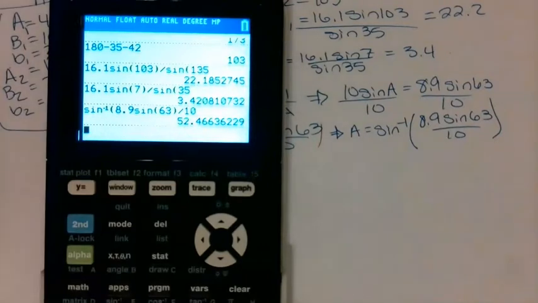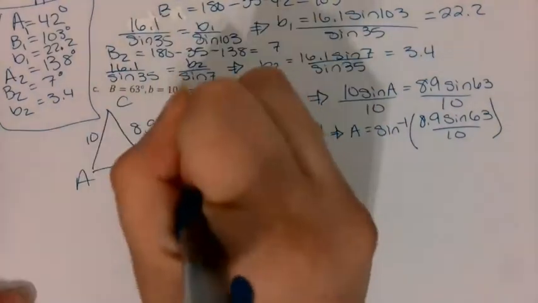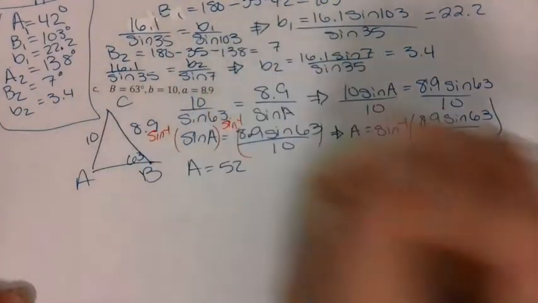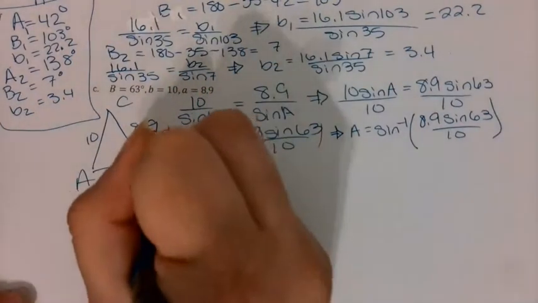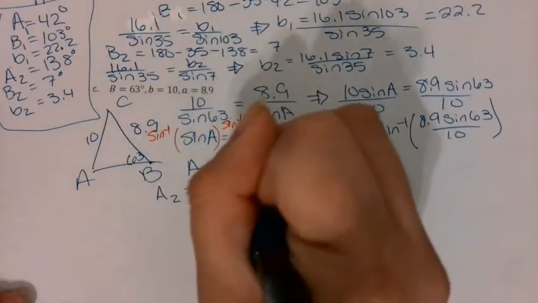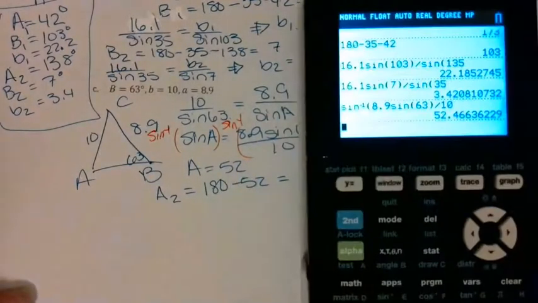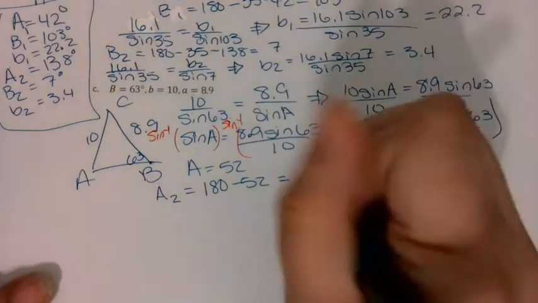This gets me an angle measure, so 52 degrees. What I want to do is I want to check to see if there's going to be a second value for A as the angle. I'm going to subtract 52 from 180, which gives me 128.